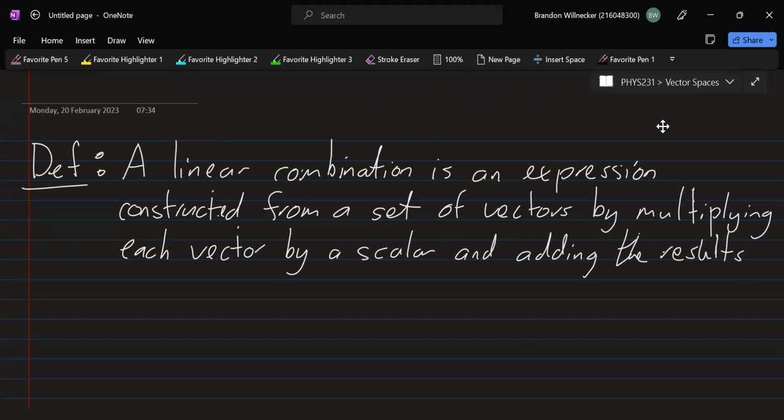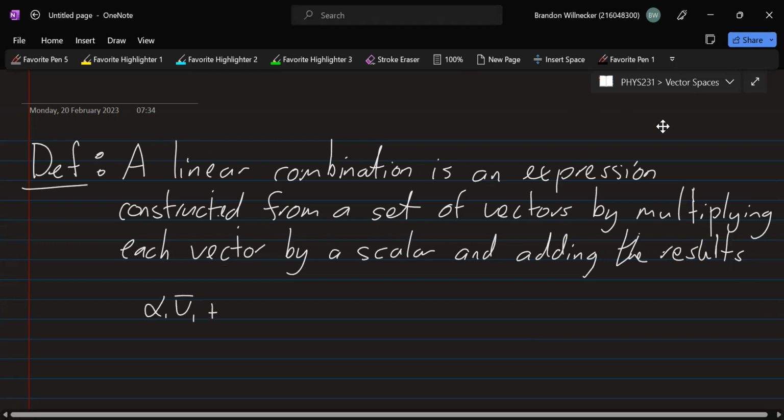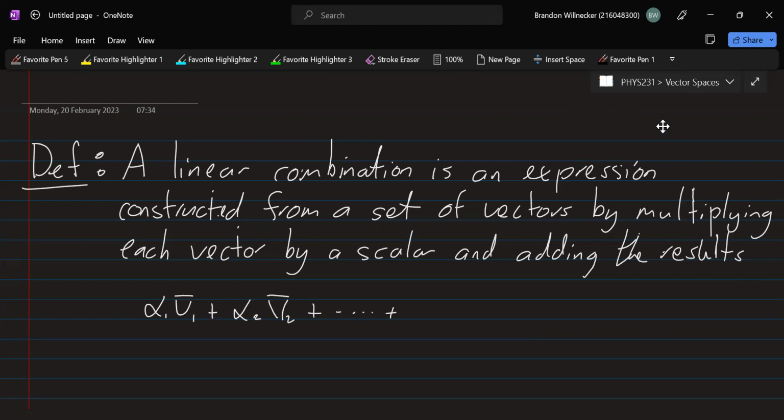Okay, so what is this? So we have some set of vectors, let's say v1 to vn. We scalar multiply them, and then we add the results together. So the final result will be something like alpha 1 v1 plus alpha 2 v2 plus dot dot dot plus alpha n vn.